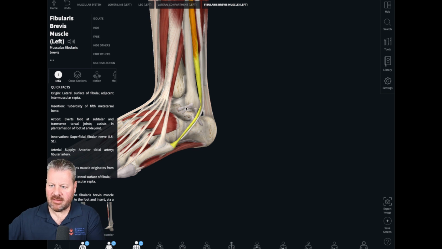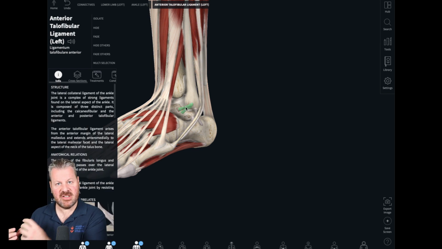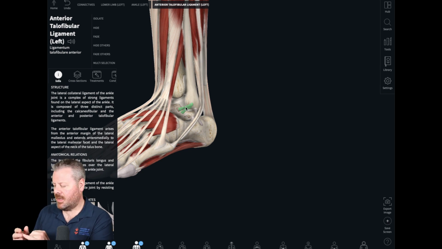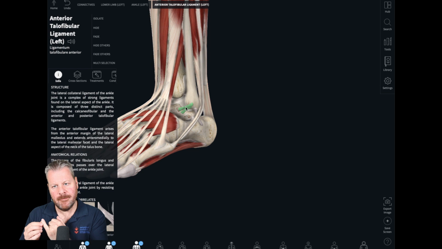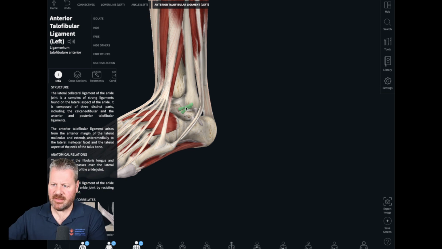Let's remind ourselves that these ligaments here are small and much thinner. In fact, your ATFL ligament I'm highlighting there is probably about the size of your little finger, and that's a little fingernail, with a cut nail. So it's not very big and nowhere near as strong as the medial ligaments.